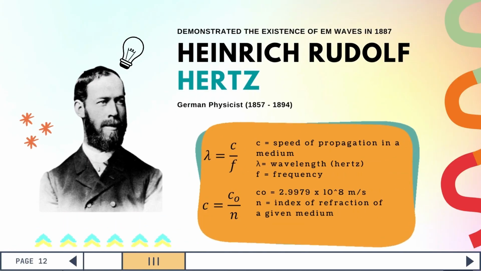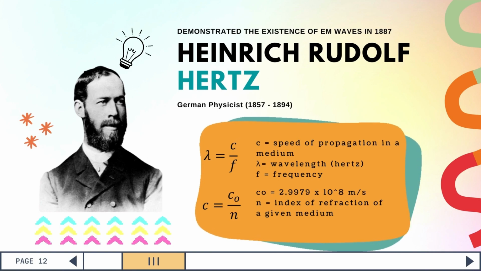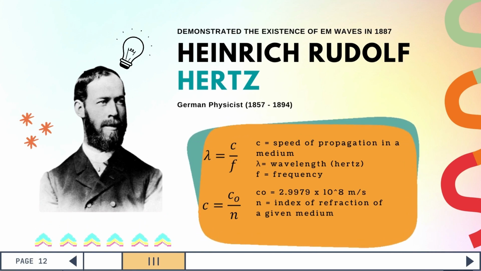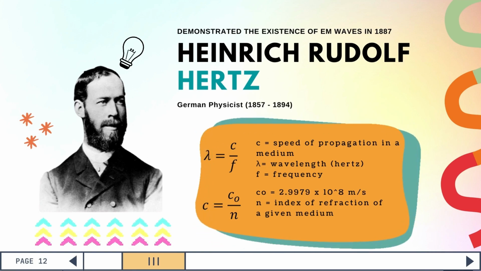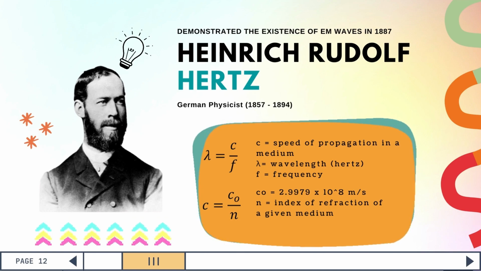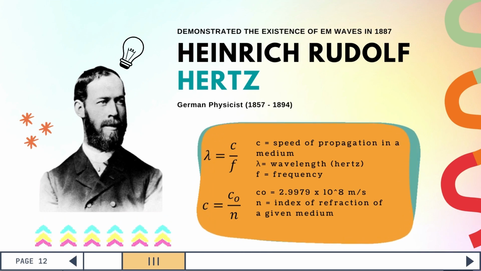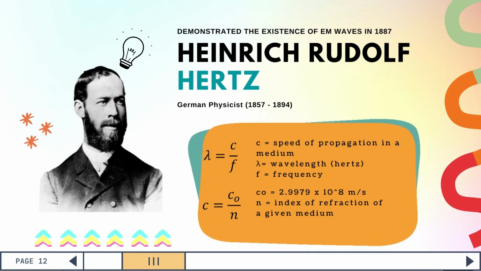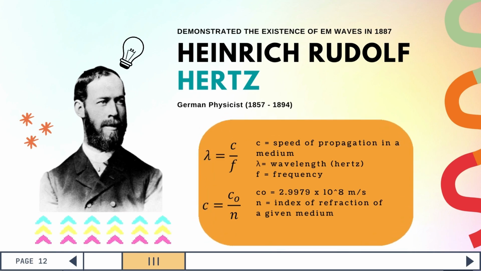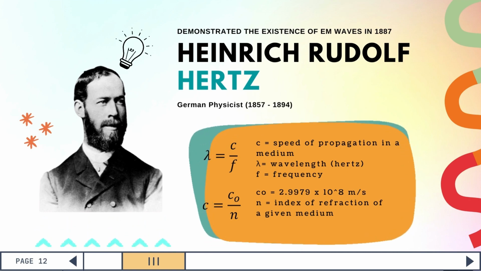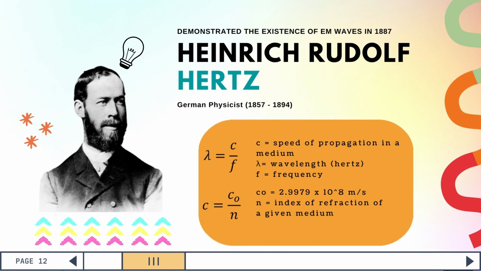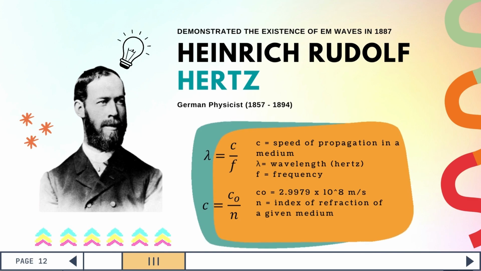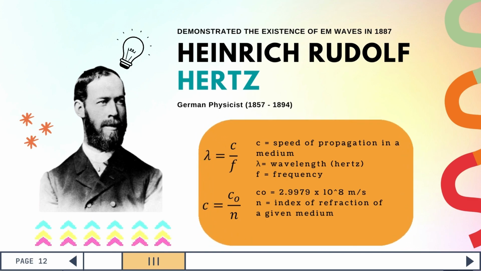Since electromagnetic radiation travel in waves, they are characterized by their frequency, wavelength, and speed of propagation in a medium. Frequency refers to the number of wavelengths that pass a certain point in a given length of time. The wavelength is one cycle of a wave, measured as the distance between any two consecutive peaks of a wave.